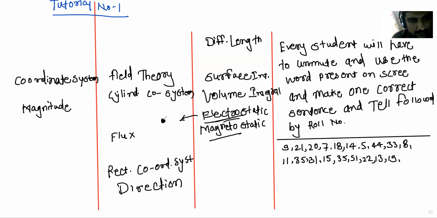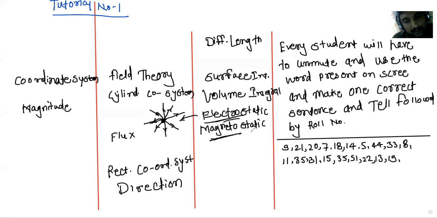If you observe this kind of lines of electric field intensity, you will find these are like this. Depending upon the charge polarity, it may be radially moving outward or radially moving inward. So these are lines of force. We call them electric field. And this field which is produced by a stationary charge is called the electrostatic field.